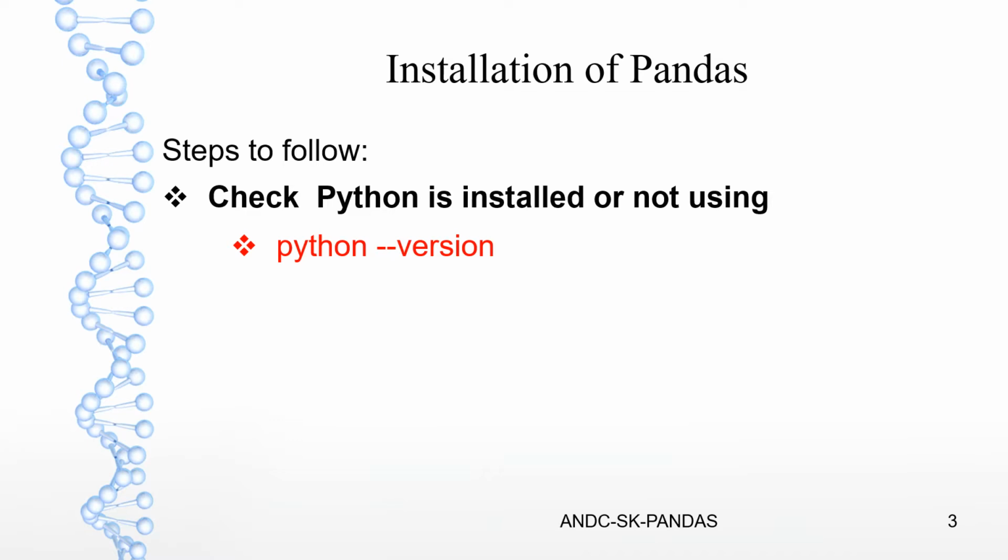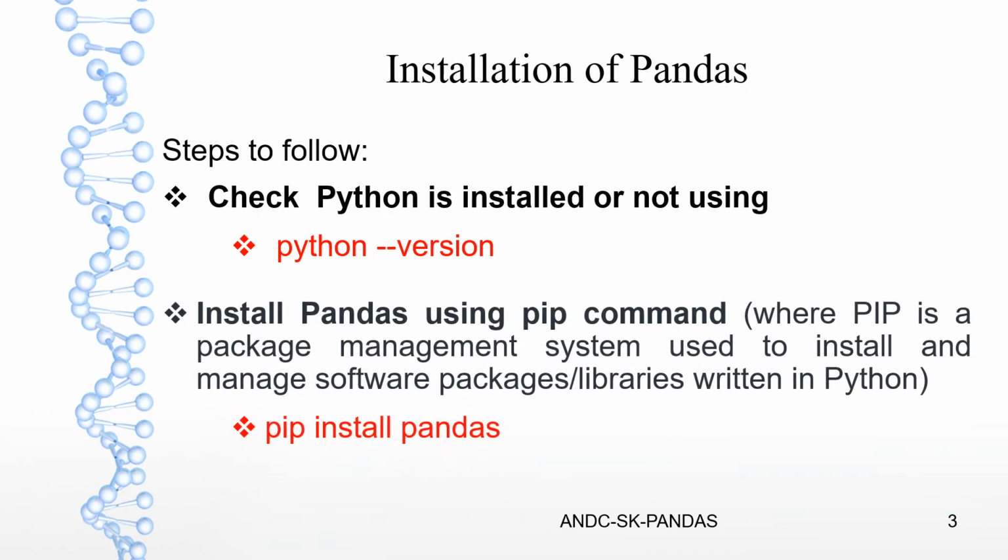Once the version is confirmed, you can use the pip command to install pandas on your system. The basic and simplest way of installing pandas is using the pip command, where pip means package management system. This system is used to install libraries and packages written in Python.